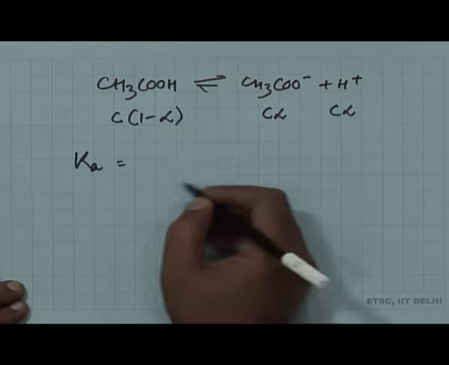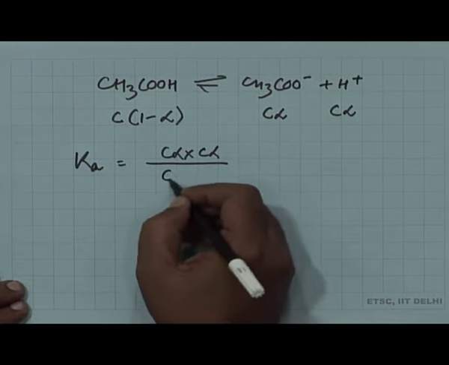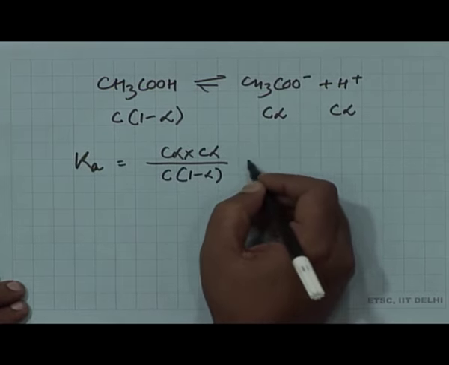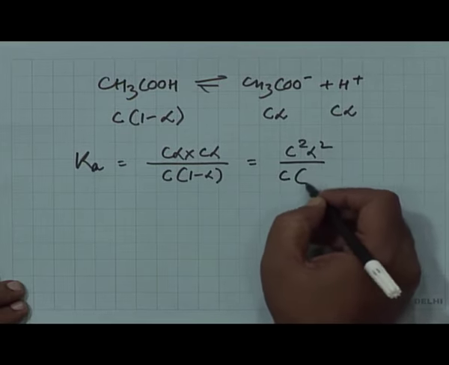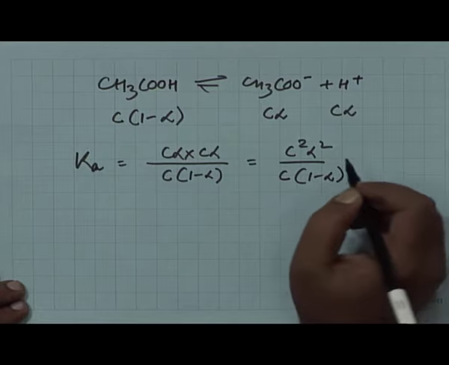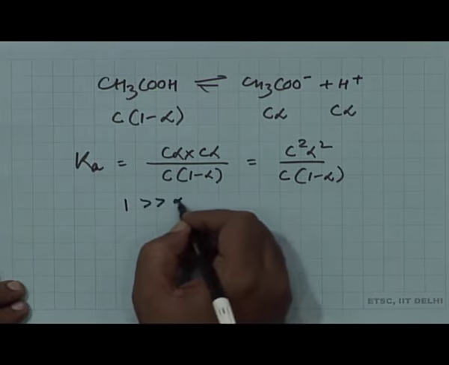So, Ka is equal to C alpha into C alpha by C(1 minus alpha), and this is C square alpha square by C(1 minus alpha). Since this is a very weak acid, 1 is quite a bit greater than alpha.